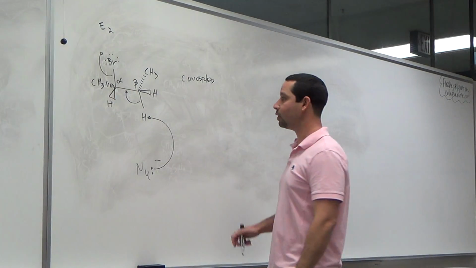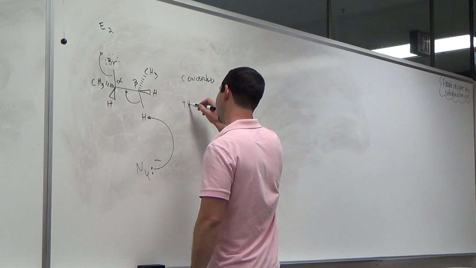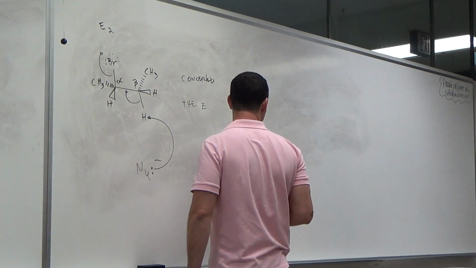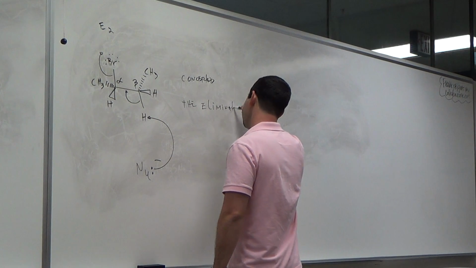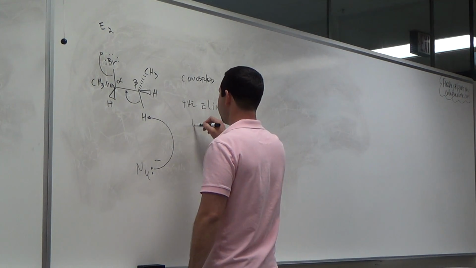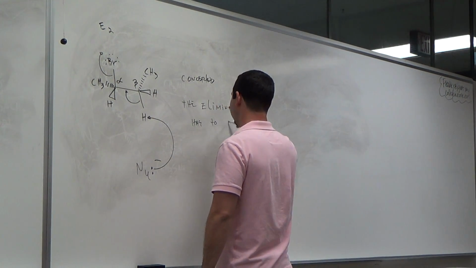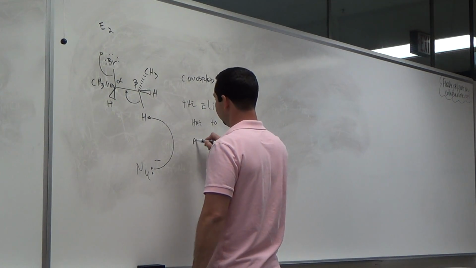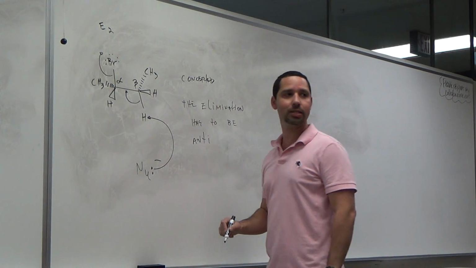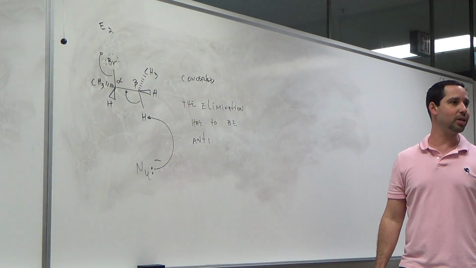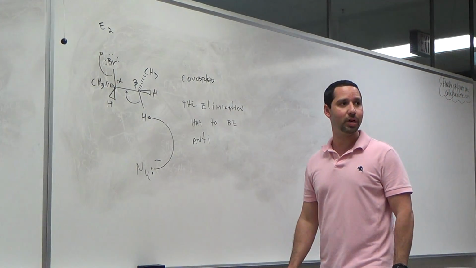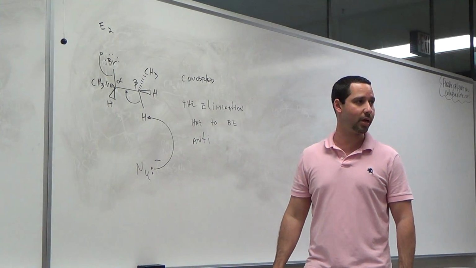Now this here is very specific. The elimination has to be anti-periplanar. And anti means the anti you have from the Newman projection. The hydrogen has to be on one side, and the bromine has to be at 180 degrees from that hydrogen.